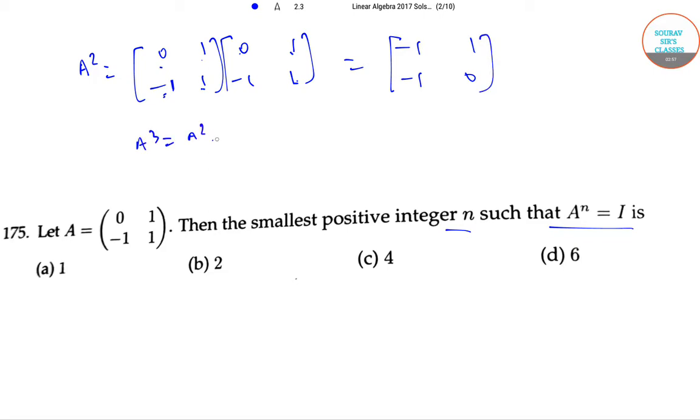Then A cube is equal to A squared into A, so [-1, 1; -1, 0] times [0, 1; -1, 1]. That is minus 1 into 0 plus 1 into minus 1, that is minus 1. Minus 1 into 1, minus 1, plus 1 into 1, this is again 0.